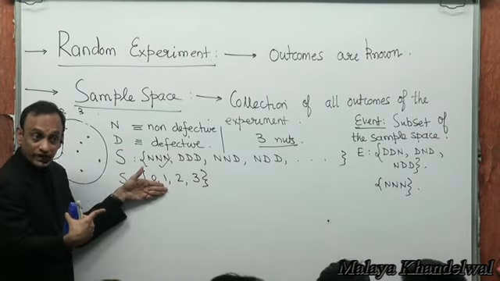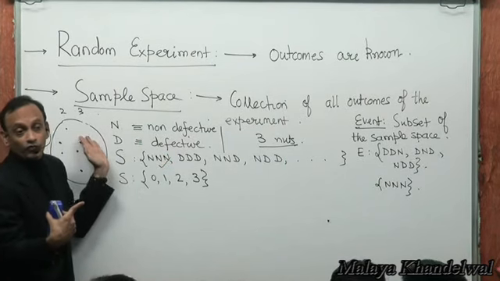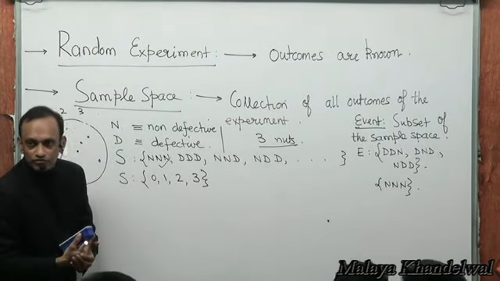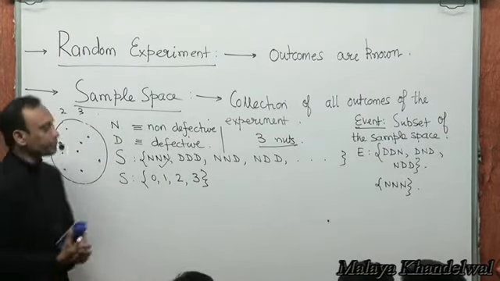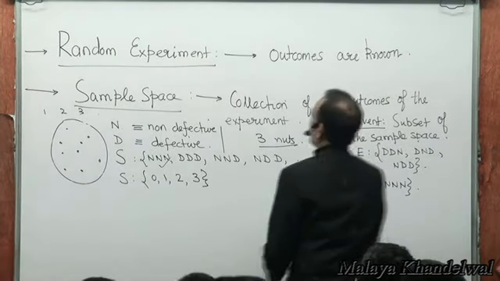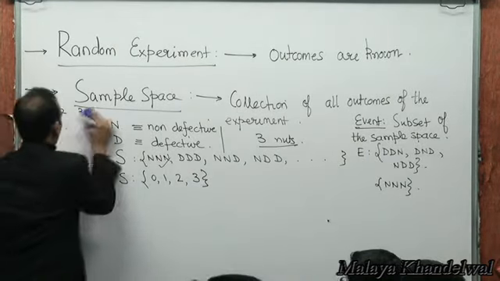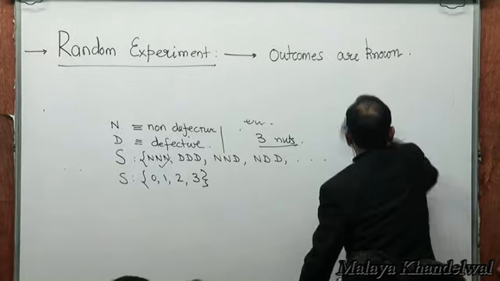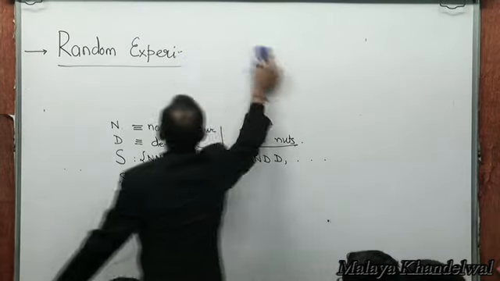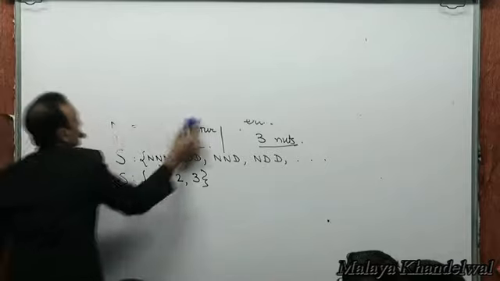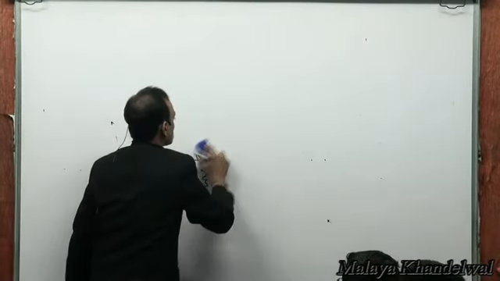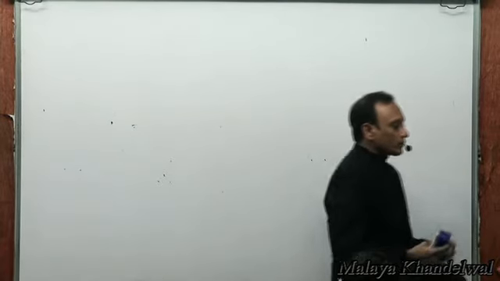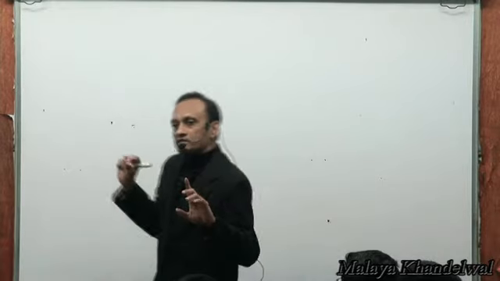The sample space could have been defined like this, or the sample space could have been defined like this, for the experiment of picking up 3 nuts randomly from the manufacturing setup, right? Now, some more jargon.